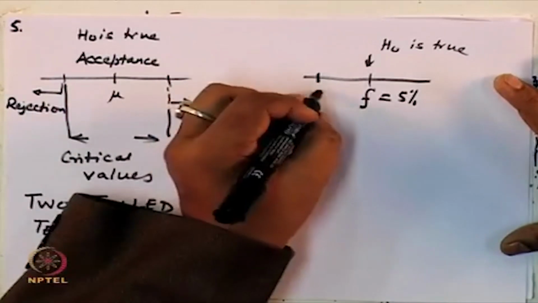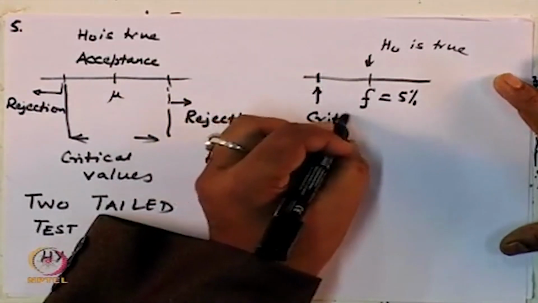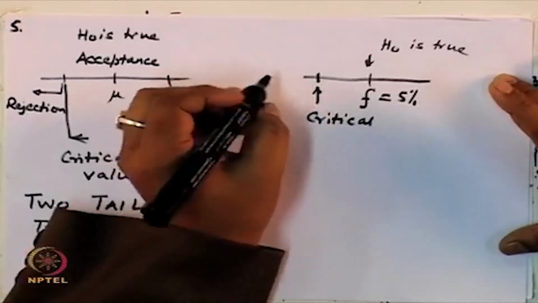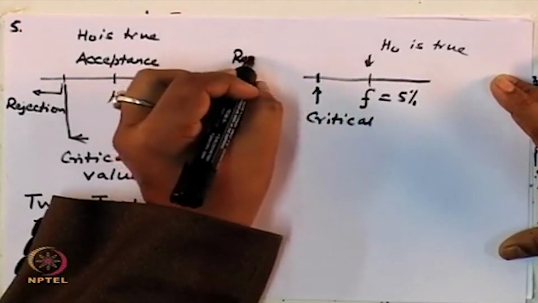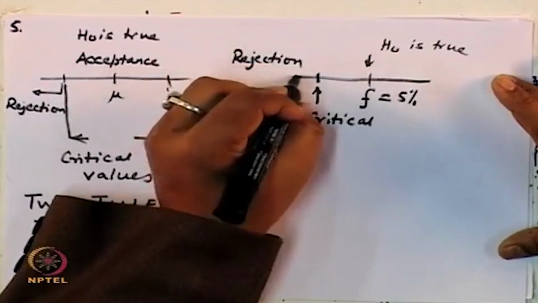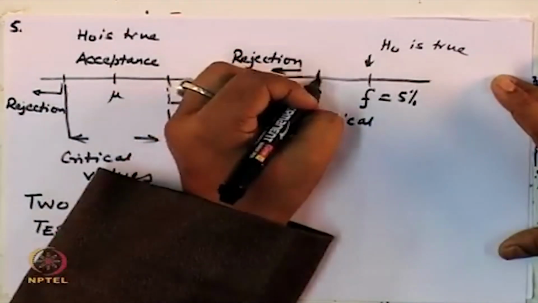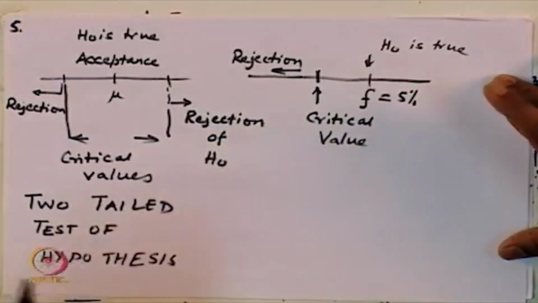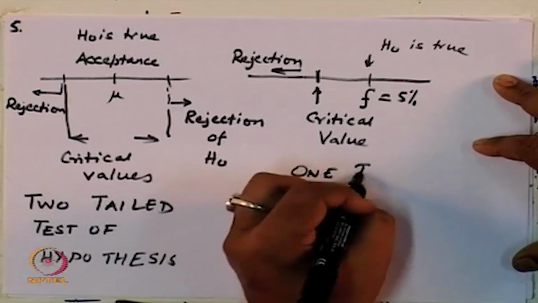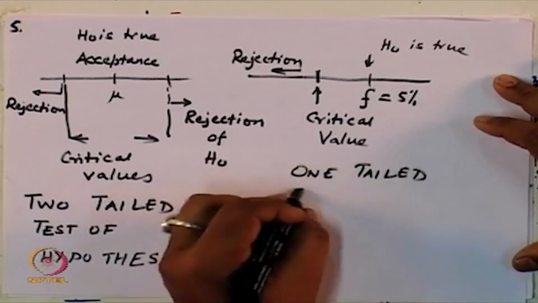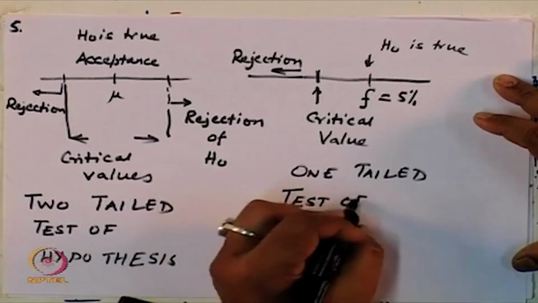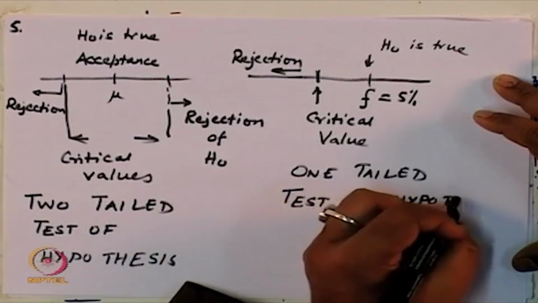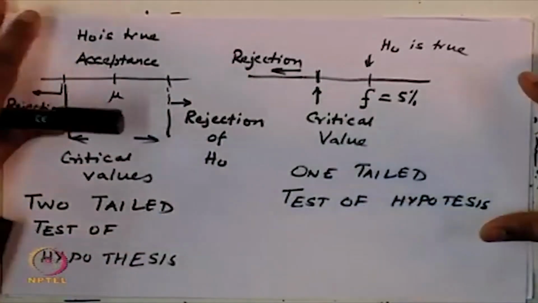So, your critical value is somewhere much to the left of it, and this is your rejection region. This is your rejection region and this is your critical value. So, this is an example of a one-tailed test of hypothesis. So, these are the 2 possibilities.